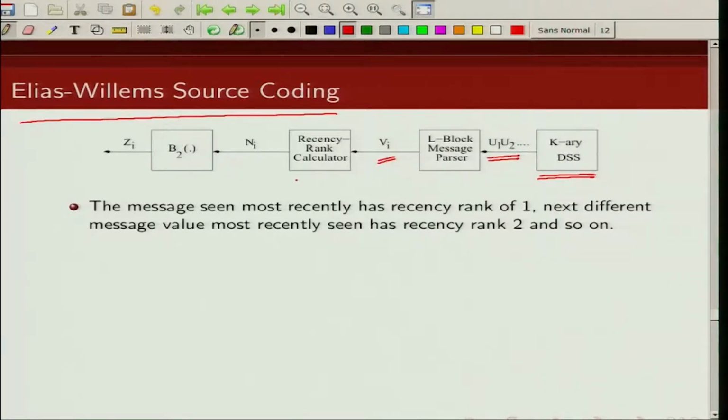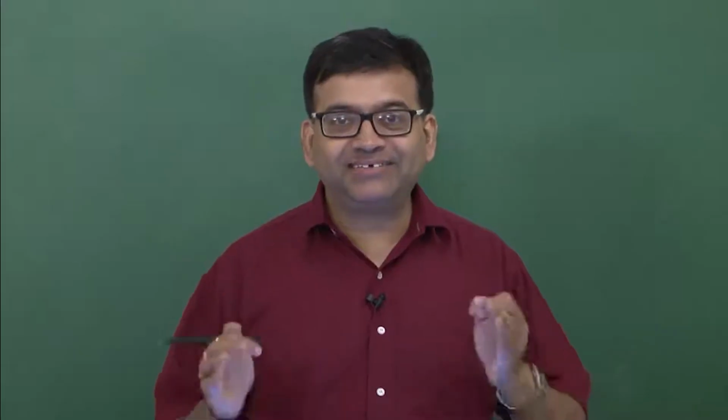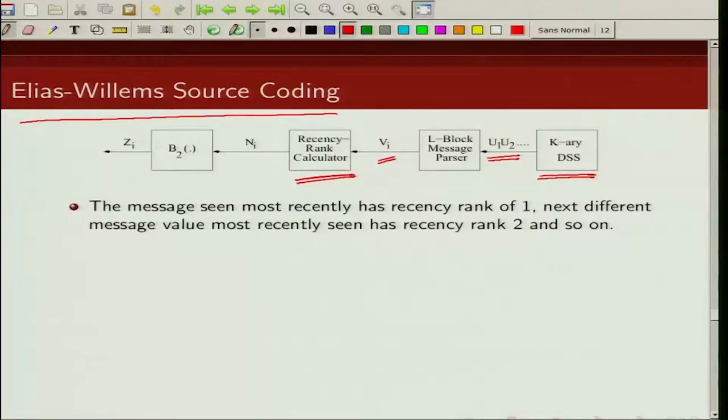Now we will mention what we mean by recency rank calculator. If you recall, since this is a discrete stationary source, the block to variable length encoding should exploit the inherent memory of the source, and that will be exploited by this recency rank calculator.